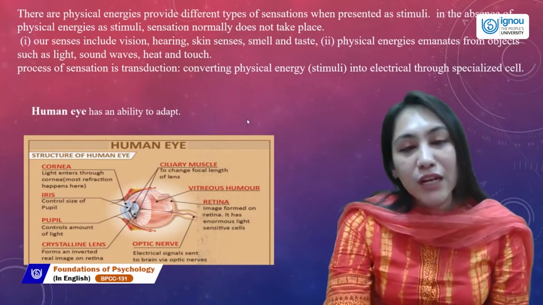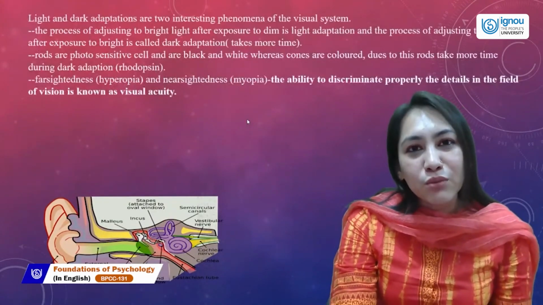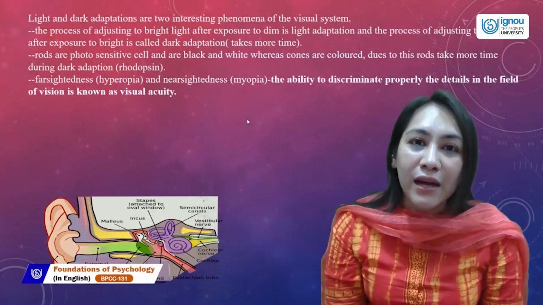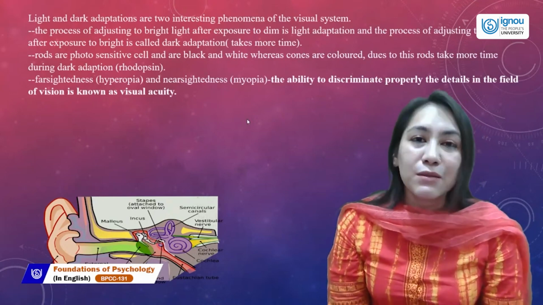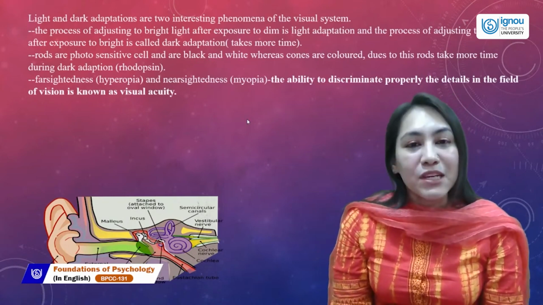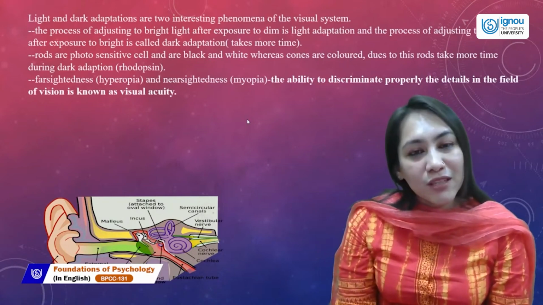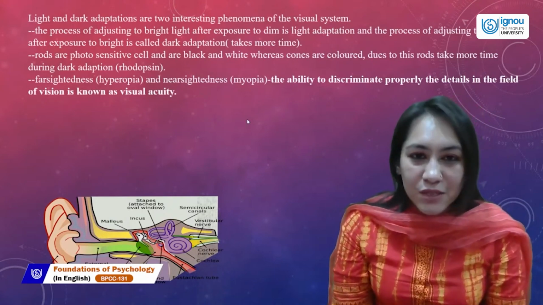Now, let's move to another topic: what does the eye do to adapt? How do we say that the eyes are adapting to light? There are two mechanisms that help us understand that our eyes have the ability to adapt. One is called light adaptation, the other is called dark adaptation.